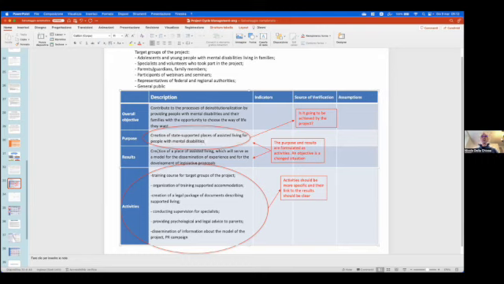The same for the result. Now we have creation of a place of assisted living, which will serve as a model for the dissemination of experience and for the development of legislative proposals. Now, I have a couple of questions and a couple of doubts. First of all, this result is also formulated as an activity.